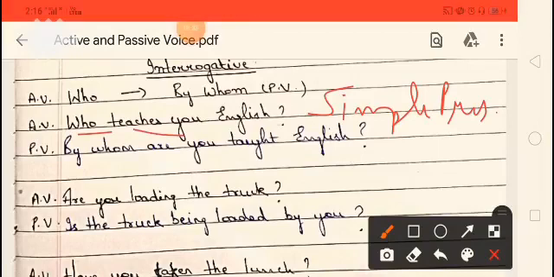Now I told you when we convert into passive voice, who becomes by whom. So by whom, then the helping verb, according to the object you, so are is used. So by whom are you, teach's third form taught, then your subject is English. By whom are you taught English?